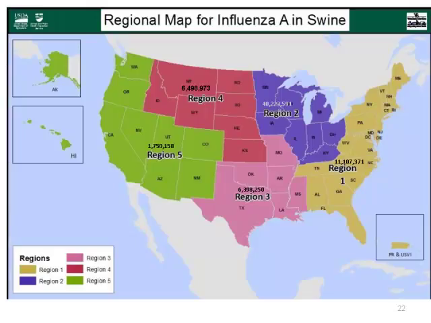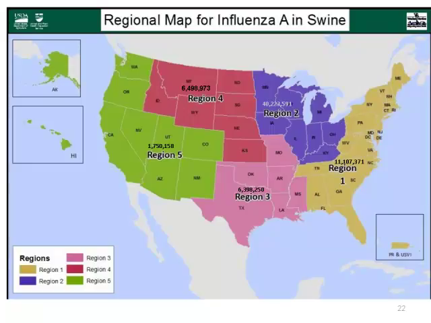This map, as you look at the influenza data, gives you a breakdown of how we break it out by regions when we do the reports, and shows you the number of swine in each of these regions. When we do the reports, we worked with industry, our VS partners and states to come up with districts and regions to look at, trying to keep the data as anonymous as we could, and yet define certain areas.